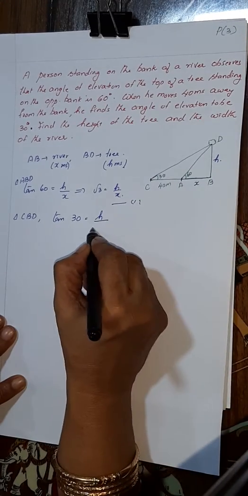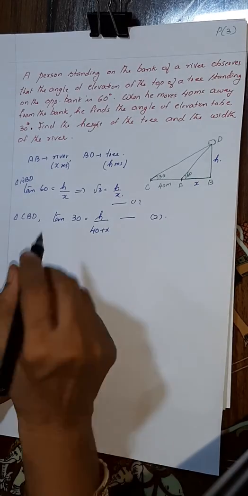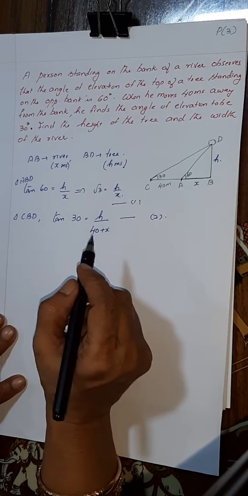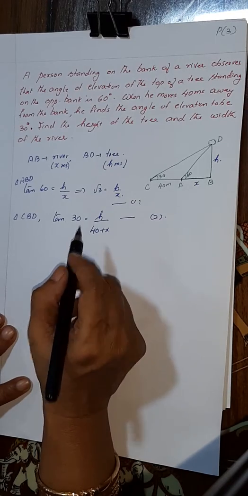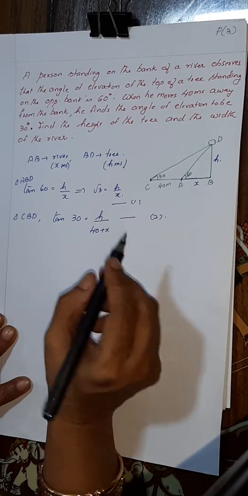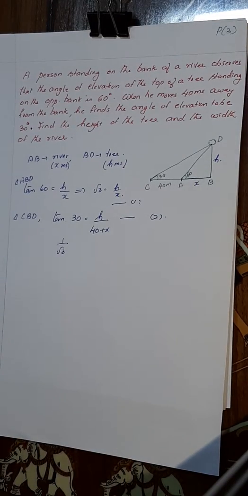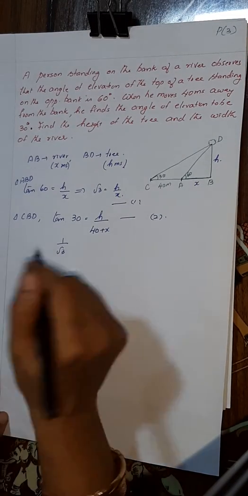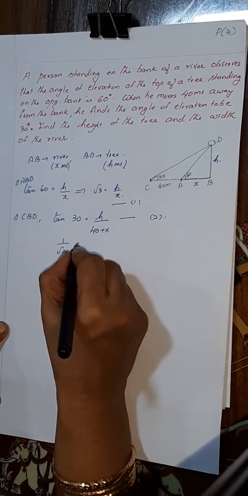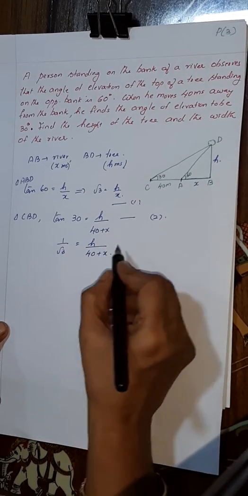So, h by 40 plus x. This is equation 2. So, tan 30 is equal to 1 by root 3 is equal to h by 40 plus x.